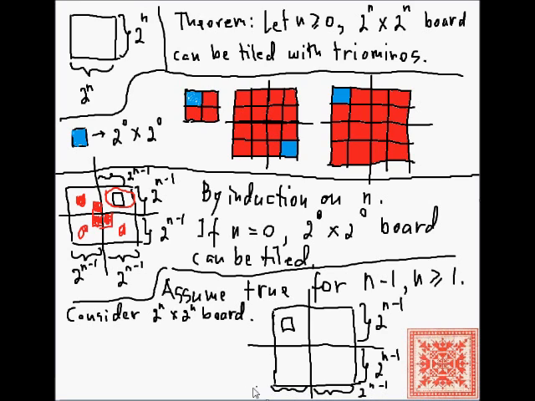Here's another example. The tile will be placed like this, and then its squares will be considered missing in their subboards that can be recursively tiled again with triominos. So we tile this one, and this one, and this one, and this already has a missing tile.